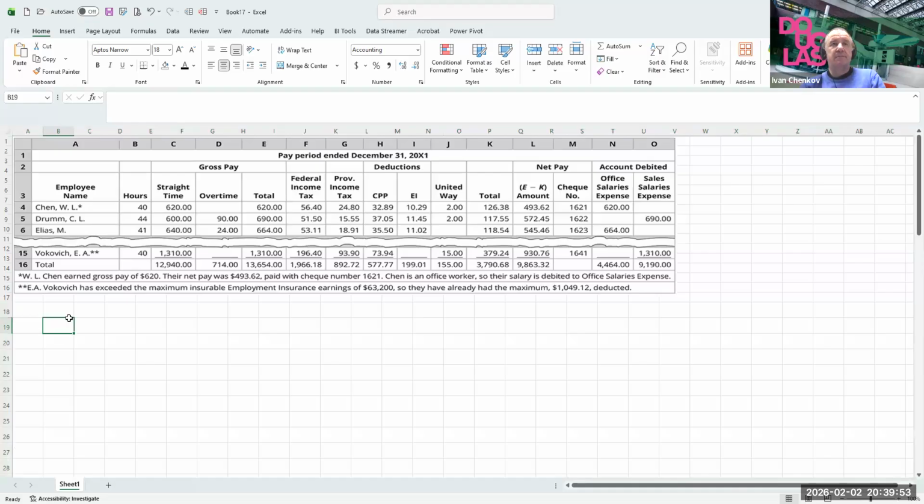Okay, first things first. The slide says we have to do three types of entries. First, to record the accrued payroll for the net wages, salaries, and bonuses. Let's record that one. First, we have office salary expense. You can see it. Office, debit, office salary expenses.